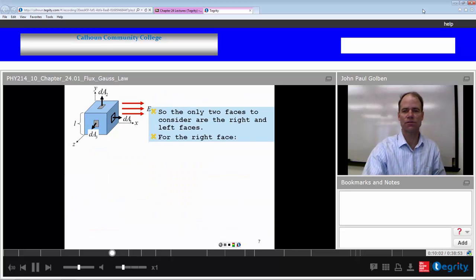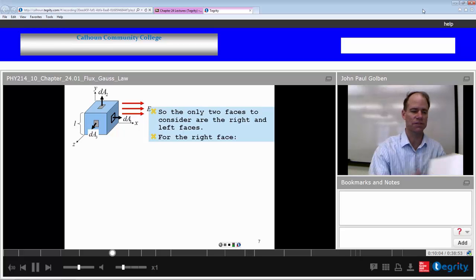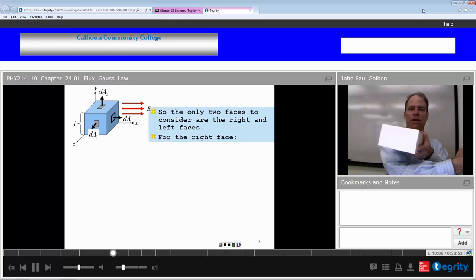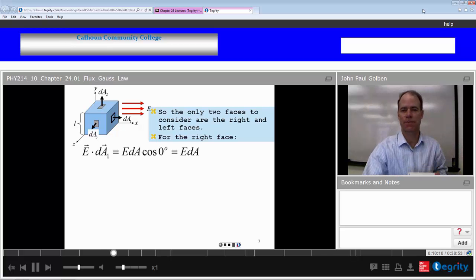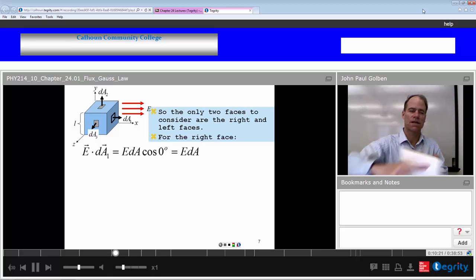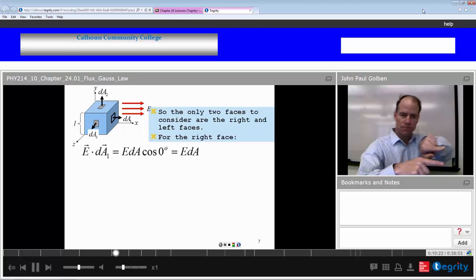Okay, so the only two faces we need to consider for this cube as far as flux is concerned is the left face and the right face as you're looking at it. If I consider the right face, the field lines are coming parallel out like this, and in the same direction the area vector is pointing out normal to the surface like this. They're both in the same direction, so there's an angle of 0 degrees between them.